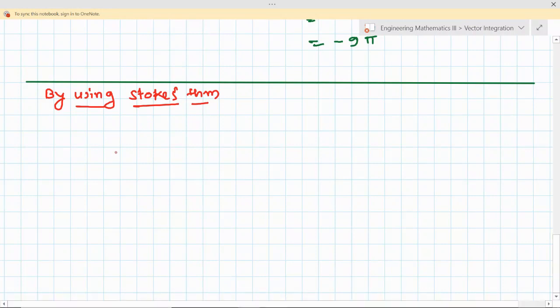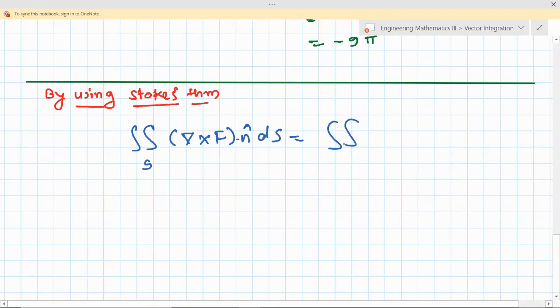So what is Stokes theorem here? By Stokes theorem, the surface integral of del cross F bar dot n cap ds over the open surface S is equal to the line integral of the tangential component of the vector point function F bar around the closed curve C. Sorry, this is not a double integration, this is a single integral. Now, what is F bar dot dr bar?